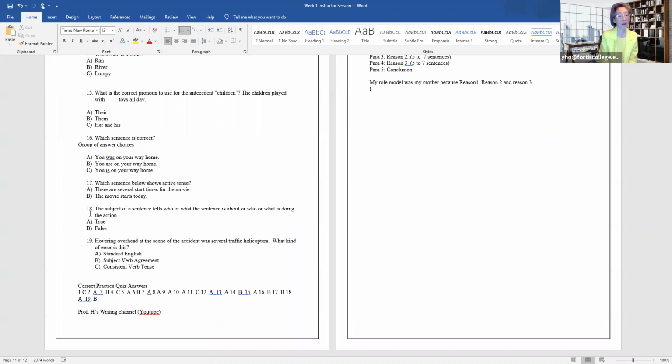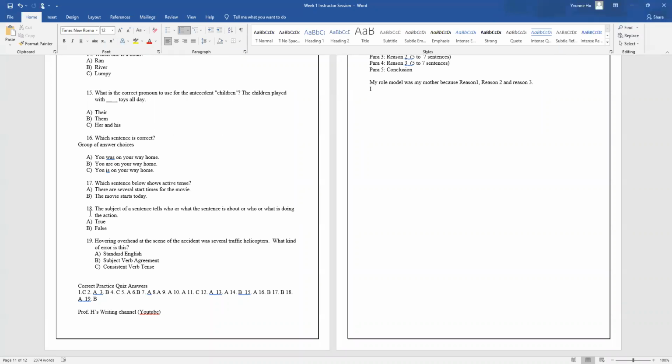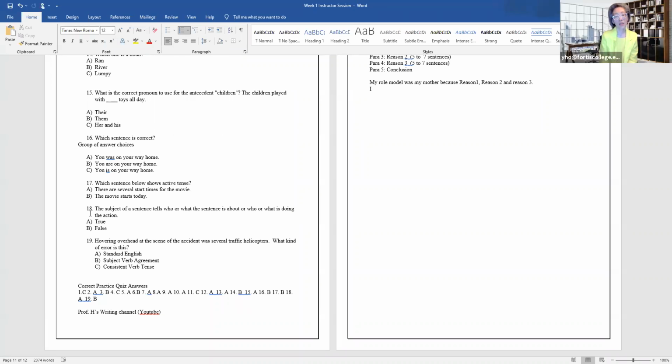Number 19: Hovering overhead at the scene of the accident was several helicopters. What kind of error is this? Ashley, standard English, subject verb agreement, or consistent verb tense?